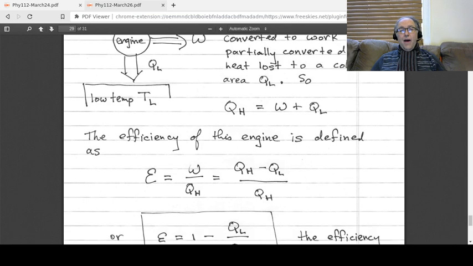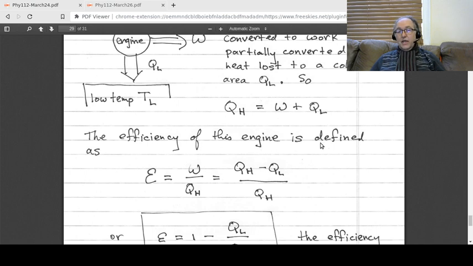The first law tells us that the energy absorbed goes to two destinations and is conserved. So the energy absorbed from the high temperature has to equal the work done plus the energy lost to the cold. That's the first law applied to a heat engine.